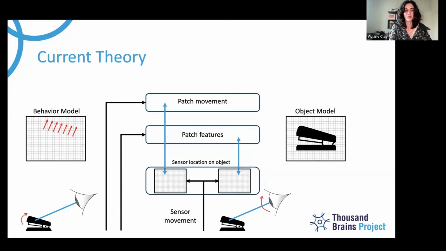But your picture is accurate that the behavior model is just these red arrows at these locations. If I look only at the behavior model, I wouldn't be able to say that this is a stapler. But the fact that they are at these relative locations means that I will only recognize that behavior if I see changes at those relative locations, and I won't see them on objects that don't have a solid straight thing that can move like that.